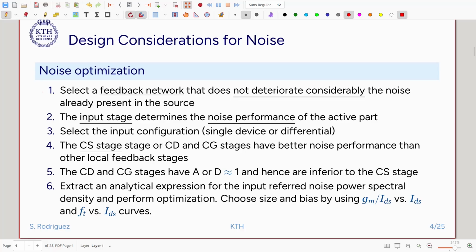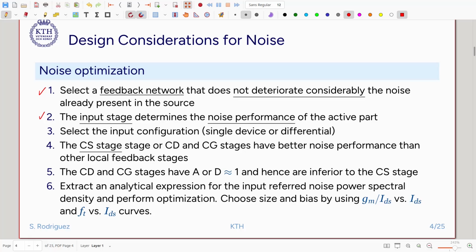So that will be our target, the selection of that feedback network. And then for the implementation of the nullor, it is actually the input stage that dominates the noise performance. So we will have to put a lot of work on this one.